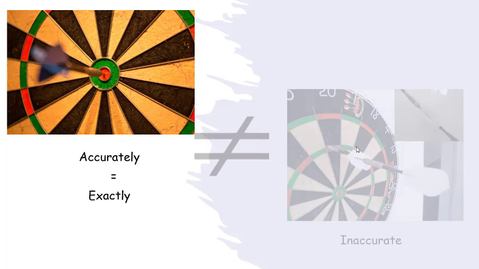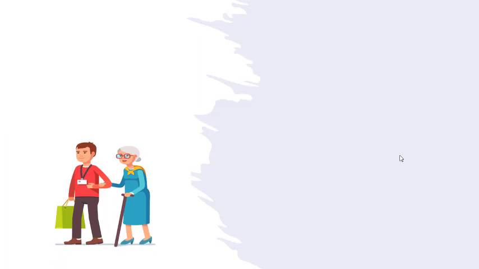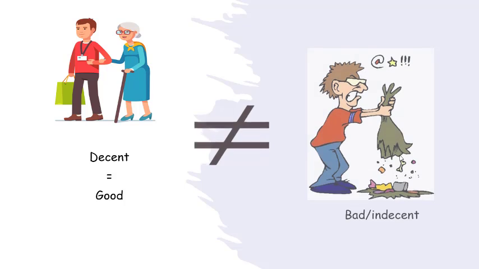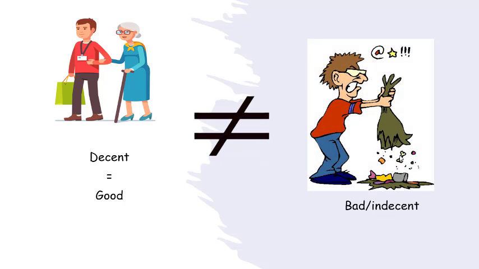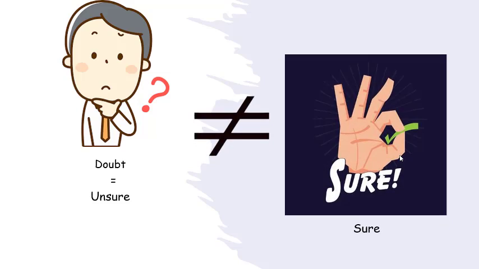I put the dart in the middle exactly. But the antonym of accurately is inaccurate. And the next word is decent. And decent means good. But the antonym of decent is bad or indecent. Doubt. The synonym of doubt is unsure, but the antonym of doubt is to be sure.